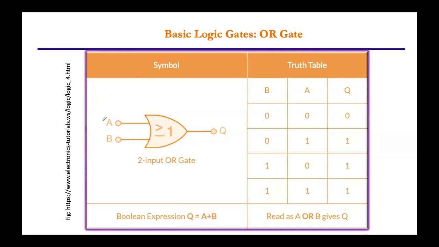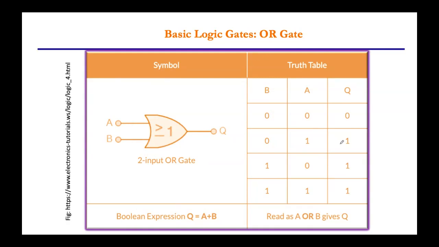If both are 1, if A is 1 and B is 1, then 1 plus 1 is equal to 1 0, and it gives the result 1.